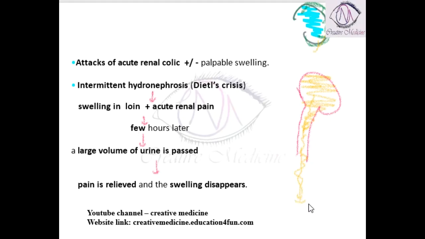Once the patient passes this large volume of urine, the hydronephrosis in the kidney is relieved, so the swelling due to the fluid-filled kidney disappears, and the pain is also relieved. So this is Dietl's crisis, or intermittent hydronephrosis. Later, after some time, when one more stone comes and obstructs the ureter, the same thing can recur. That is the reason why we call it intermittent hydronephrosis, or Dietl's crisis.